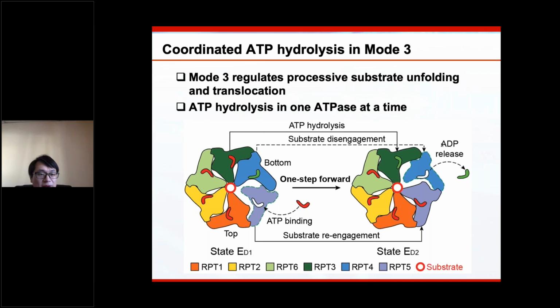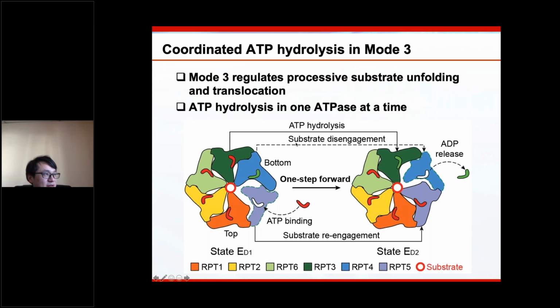Then let's look at mode 3. It looks much simpler, because what it shows is 3 neighboring subunits synchronizing their nucleotide processing. As you see, the forest green subunit is undergoing ATP hydrolysis, its clockwise adjacent subunit is doing ADP release, and the next subunit further down is doing ATP binding.